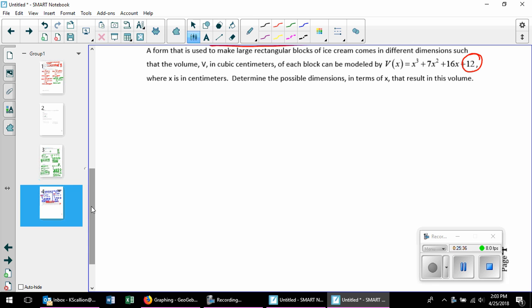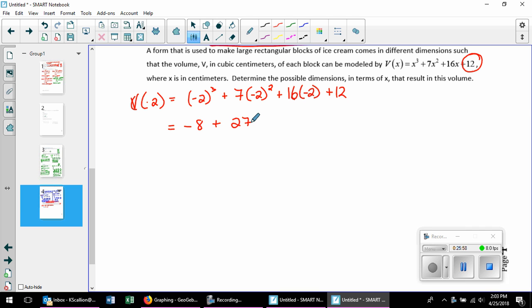So if I put in -2, I've got -2 cubed plus 7 times -2 squared plus 16 times -2 plus 12. So I've got -8 plus 28, minus 32 plus 12. I missed something.